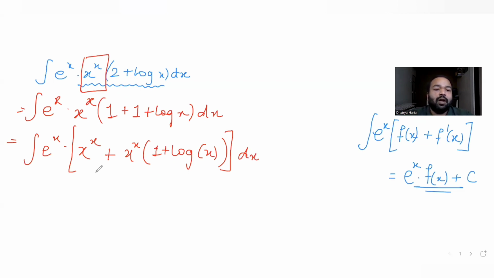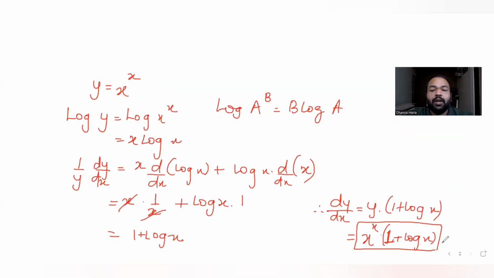Now this is my function f of x. And this entire thing is nothing but the derivative of the function f of x. So this becomes f dash of x.